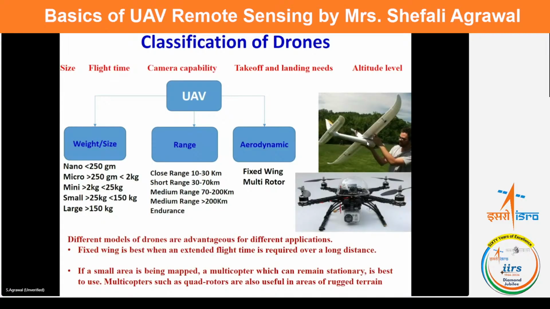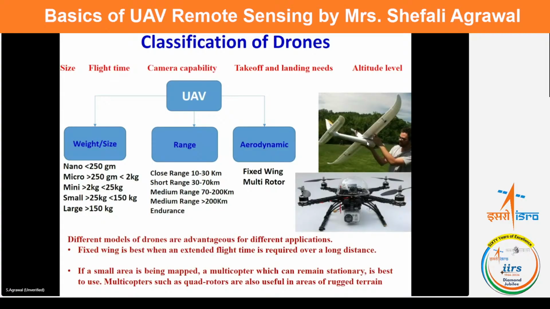These rotary wing platforms have limited battery power, and hence they can fly for a limited duration. They can lift very small payloads, whereas the fixed wings can carry larger payloads. But they have the advantage that they can take off vertically and land vertically.